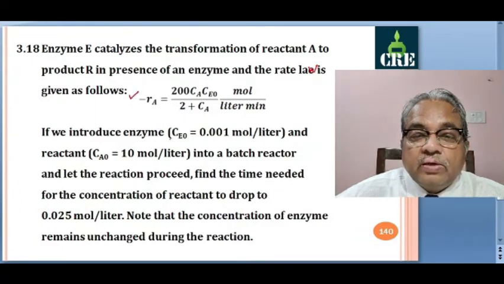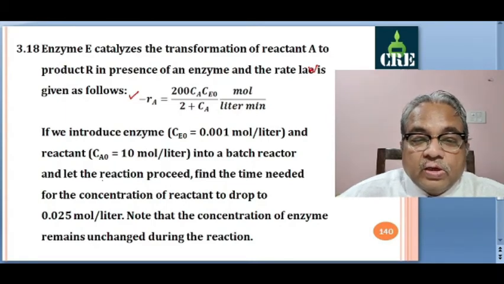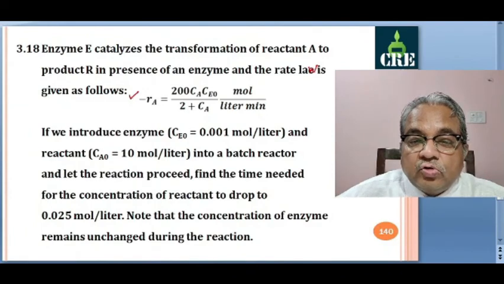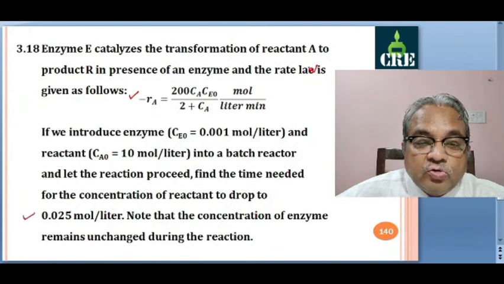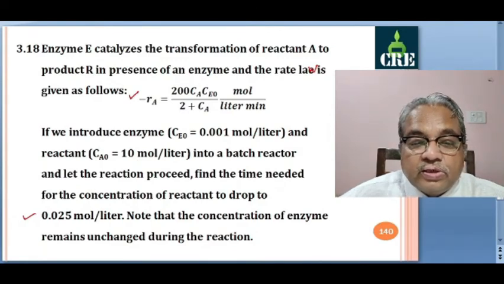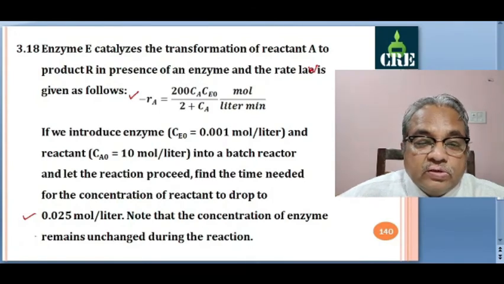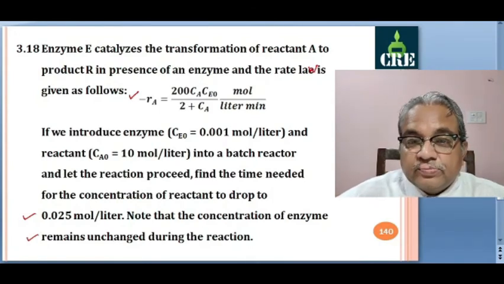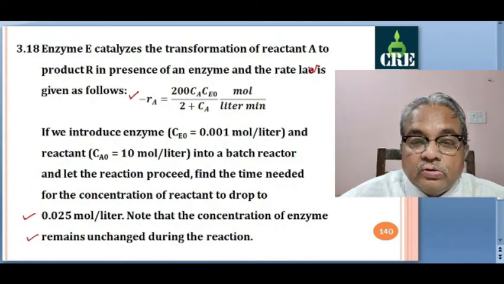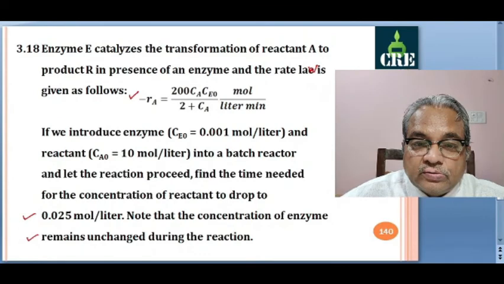If you introduce the enzyme Ce0 with the concentration 0.001 moles per liter and the reactant Ca0 10 moles per liter into a batch reactor, and let the reaction proceed, you have to find the time needed for the concentration of the reactant to drop to 0.025 moles per liter, from 10 moles per liter to 0.025 moles per liter. Note that the concentration of enzyme remains unchanged during the reaction. So Ce0 is constant almost.